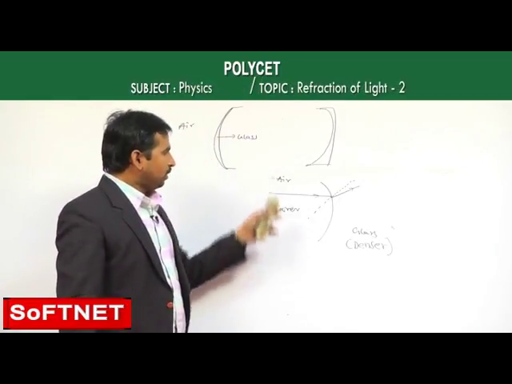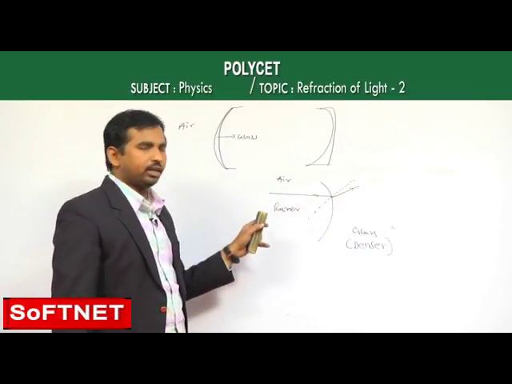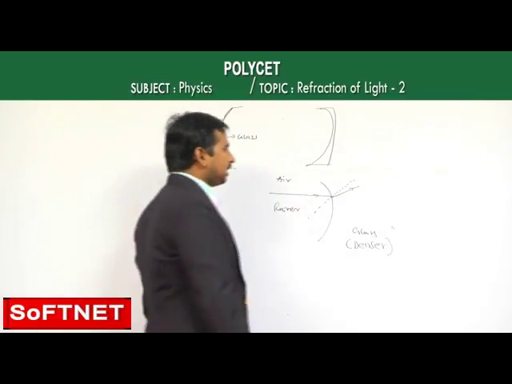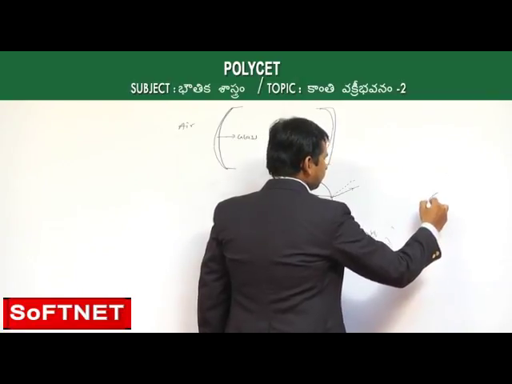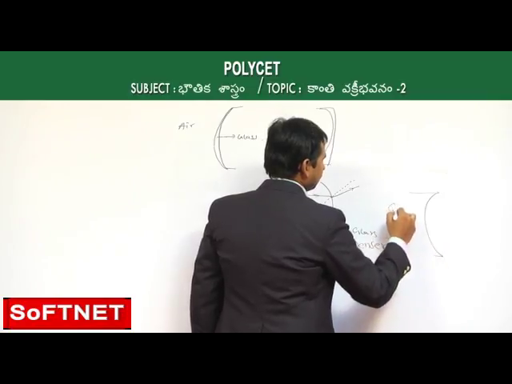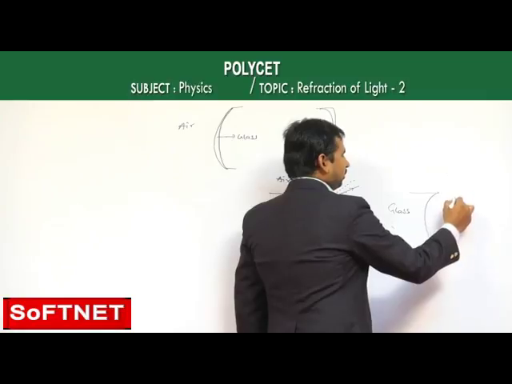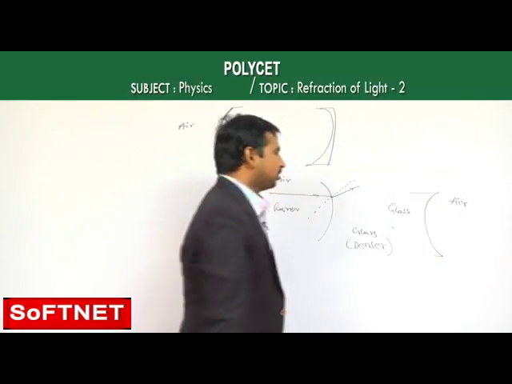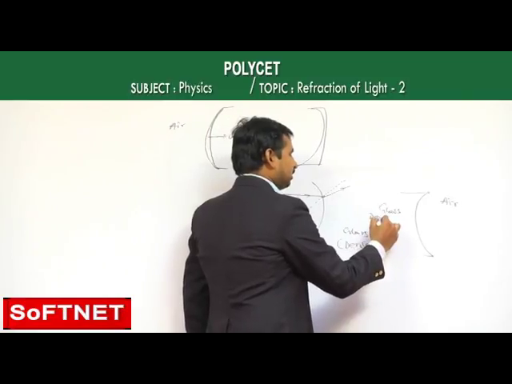Okay. Now if the light ray starts from the glass and goes back into the air, then how it takes place is like this. Let us suppose this is the glass and here it is coming back to the air, which is a rarer medium, and this is the denser medium.